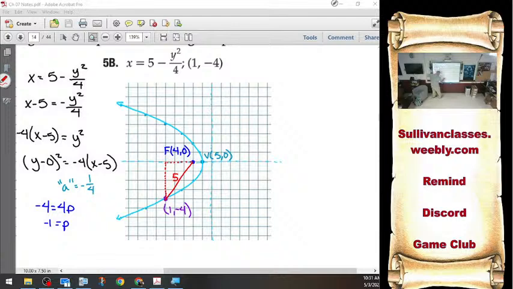So instead of having a distance of 5 back to the directrix, that was a terrible line, I'm going to use that distance back along my axis of symmetry to go find that magic point that'll help me get tangency. 10, 0. 9, 0, because you go from the focus.